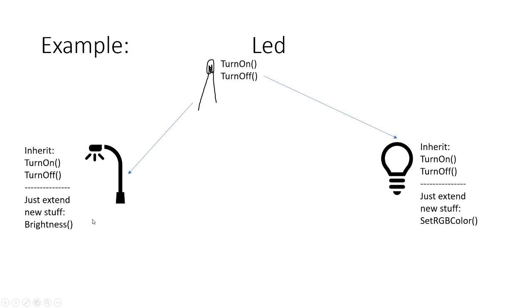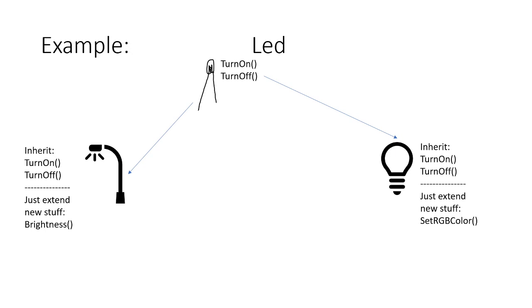I know it's bad practice to not have a verb there, but there was no space in the line. But just imagine this variable was called set brightness or something like this. And here's the same thing. It's just an RGB LED, and you inherit the same behavior, turn on, turn off, and just extend it with new stuff.